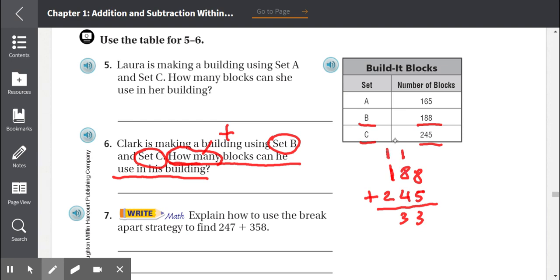We carry our 1. 1 plus 1 is 2. 2 plus 2 is 4. So how many blocks can he use in his building? 433 blocks.